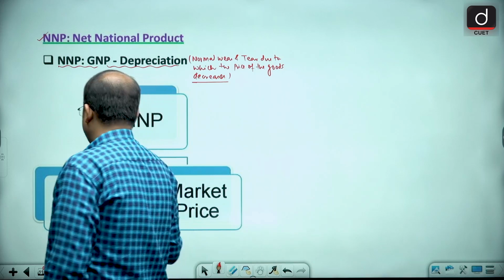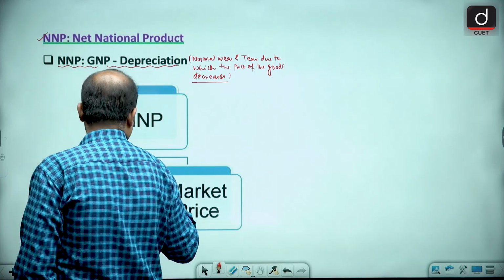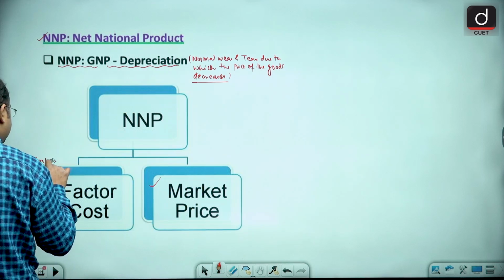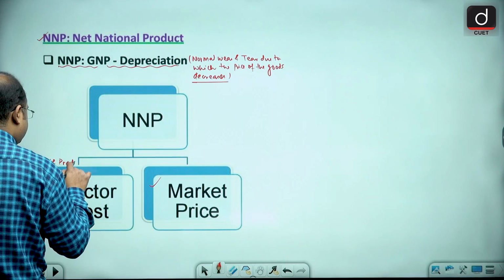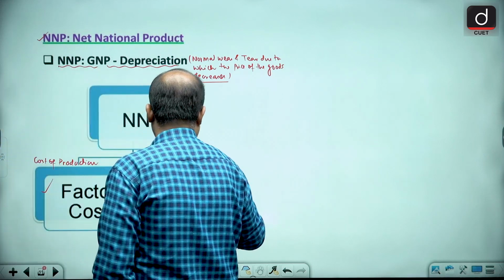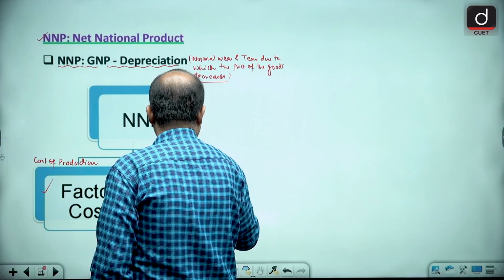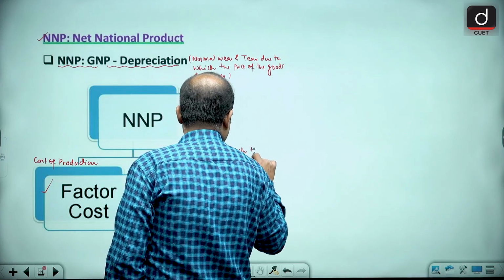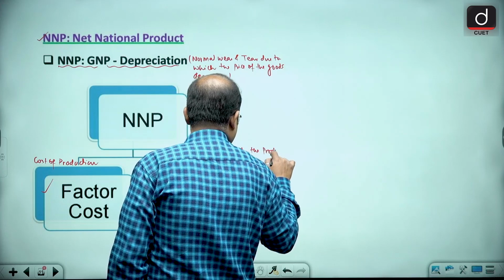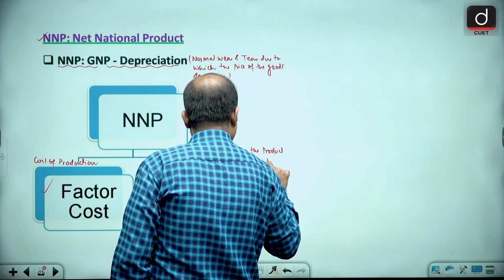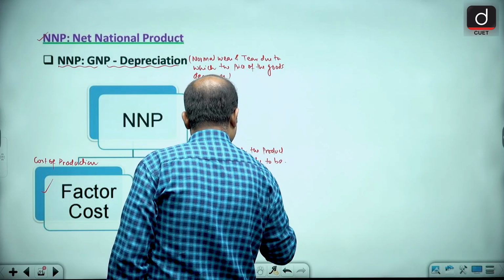Now NNP is calculated on factor cost and market price. Factor cost is cost of production, and market price is the price at which the product is ready to be sold in market.